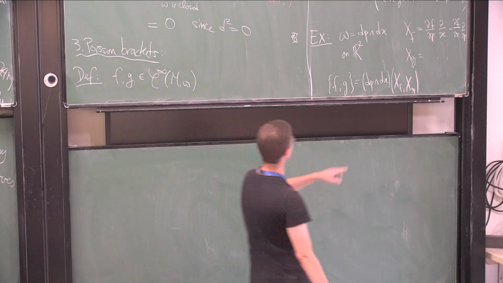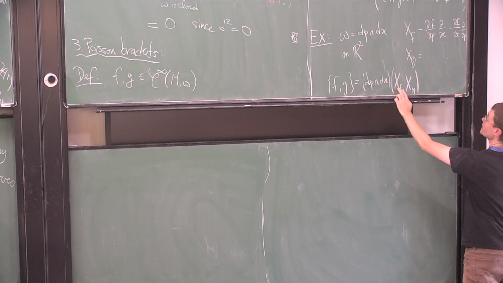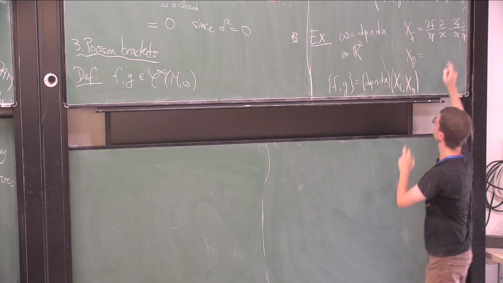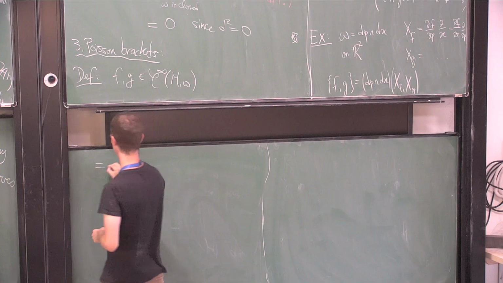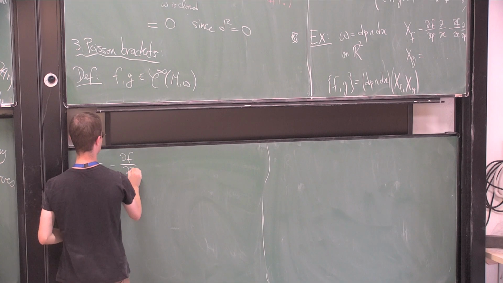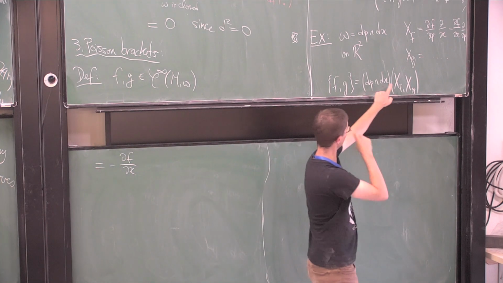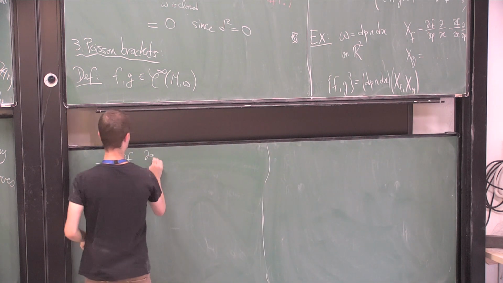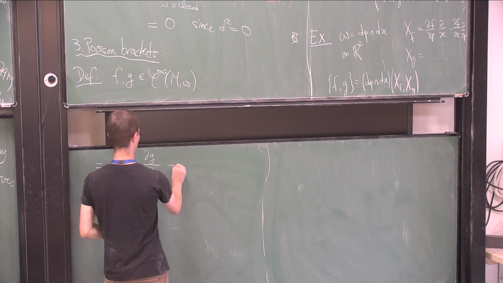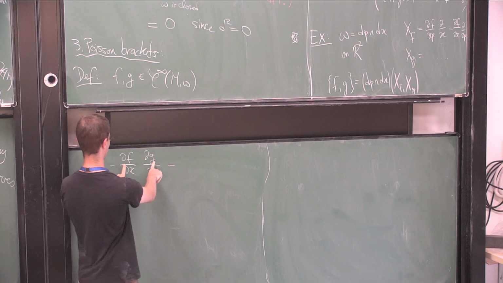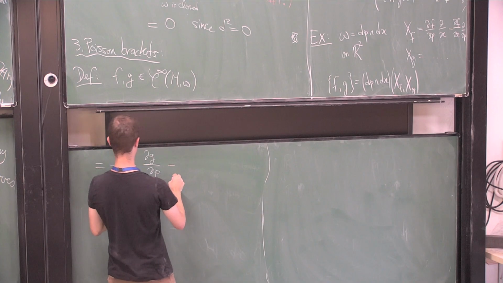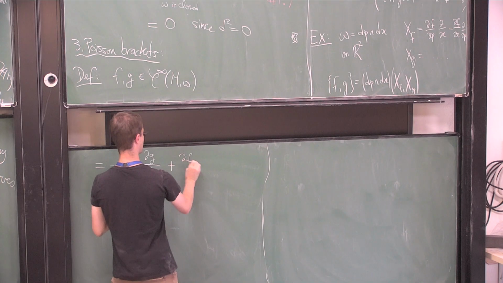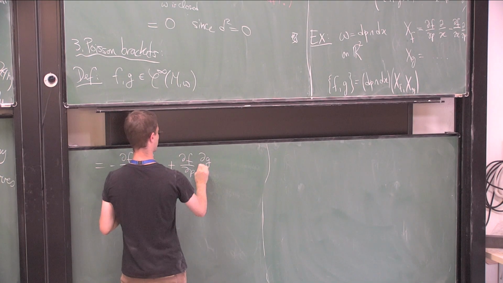And what is it? dp picks the p component of X_f. So the p component of X_f is minus df/dx. And you should take the x component of X_g, which is dg/dp. And then minus everything reversed, but reversing is just exchanging f and g, so minus minus is plus, df/dp times dg/dx.